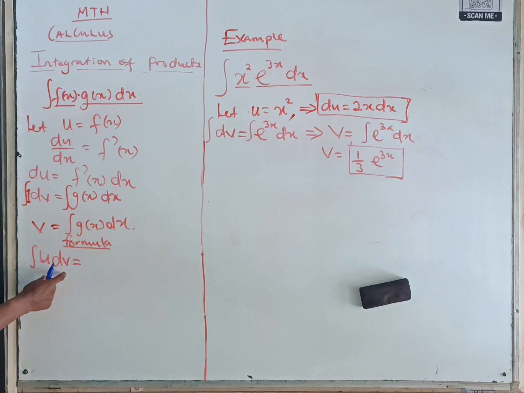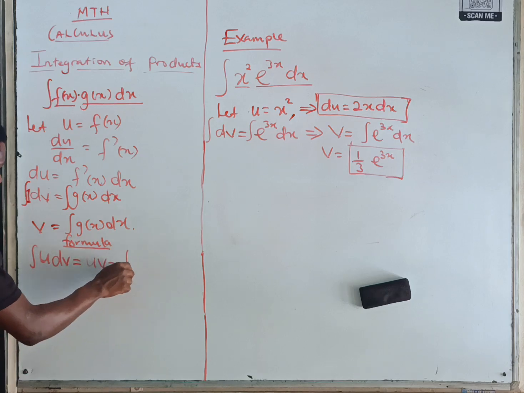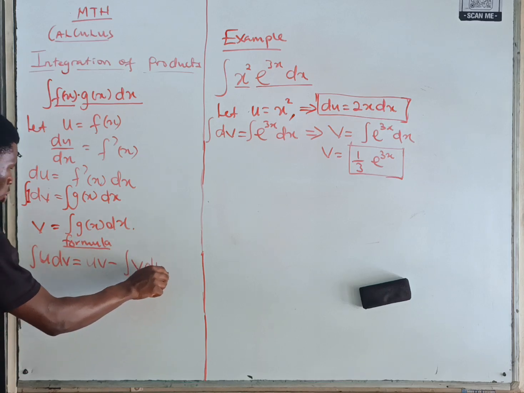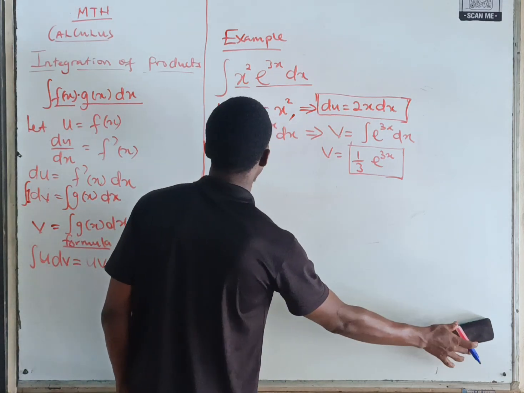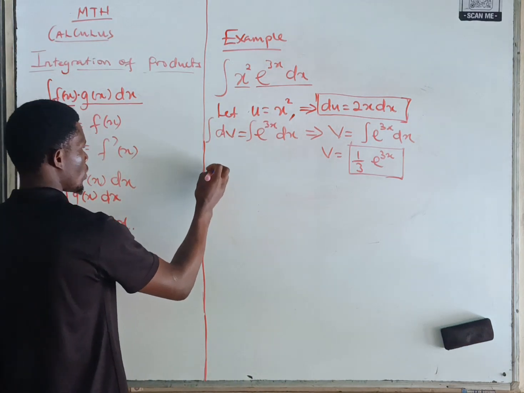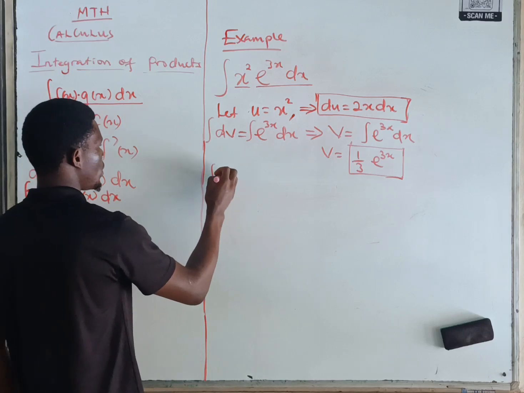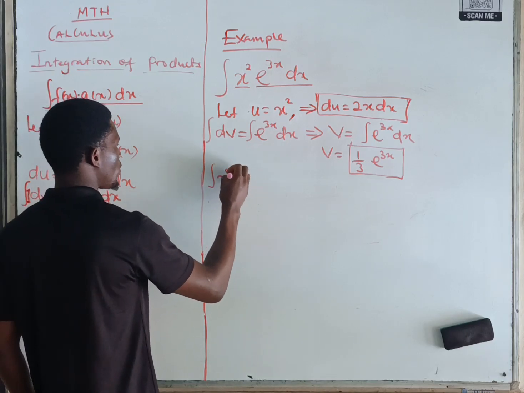So when we are doing integration by parts, this is the formula. We have the integral of u dv equals uv minus the integral of v du, right?